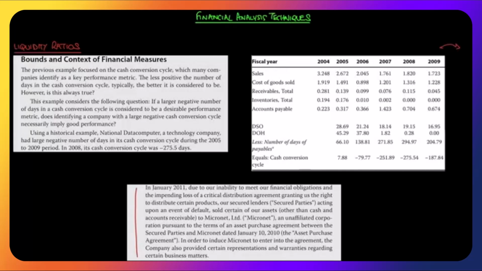Our inability to meet our financial obligations, impending loss of a critical distribution agreement granting us a right to distribute certain products, our secured lenders acting upon an event of default sold certain of our assets. This was obviously bad. Negative numbers are great. It looked good for Apple in the context of the rest of their accounts. This just stank of issues.